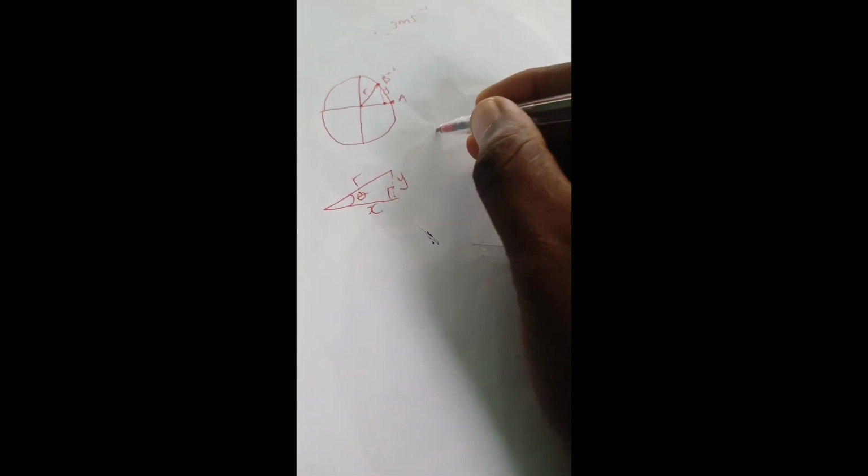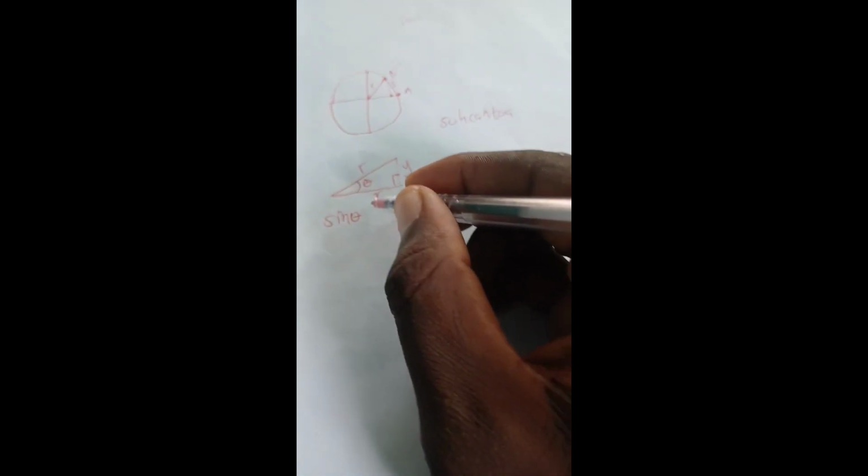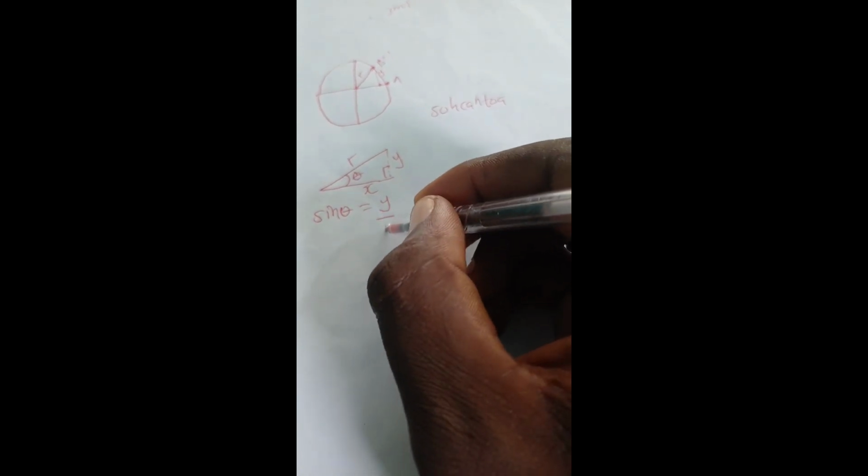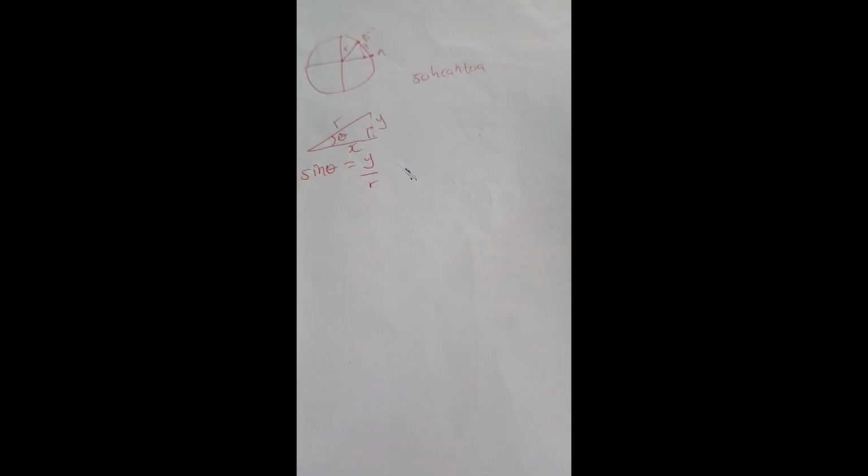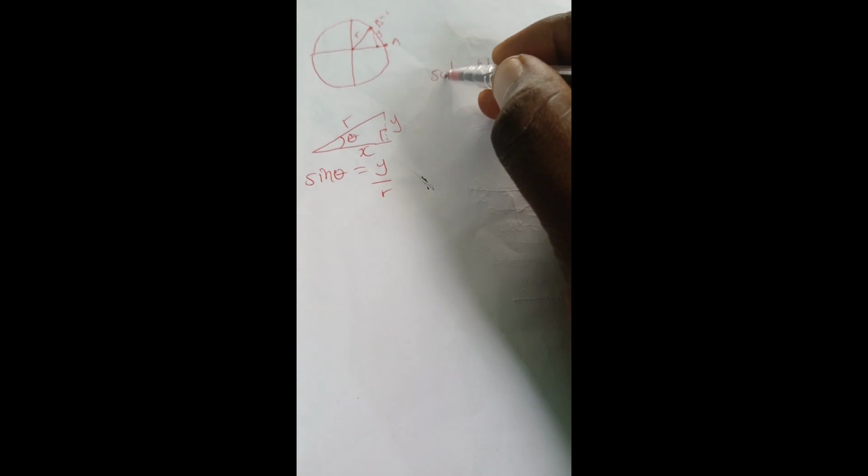So looking at this, we can use SOHCAHTOA, meaning that sine theta is equal to y over r. Are we getting it? That is the opposite over the hypotenuse. The opposite is this, and then the hypotenuse is the r.